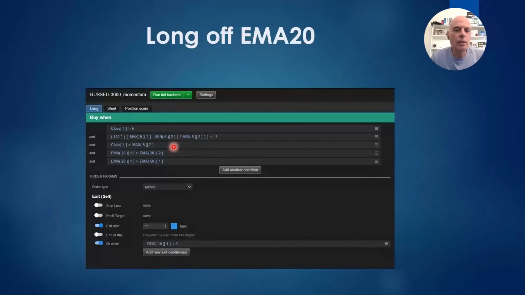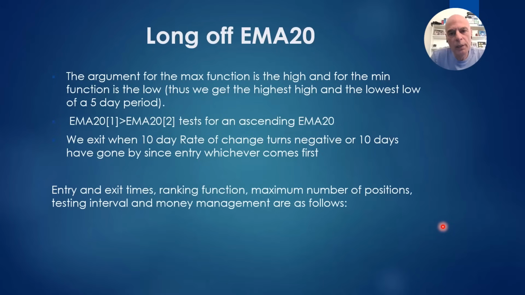And how do we exit? We exit either when the rate of change of 10 days becomes negative, or if that doesn't happen, we exit anyway after 10 days. So in this slide, I'm explaining again what all the lines mean.